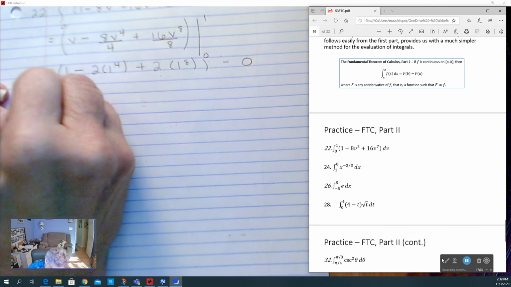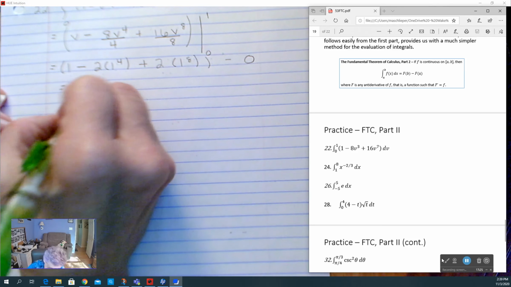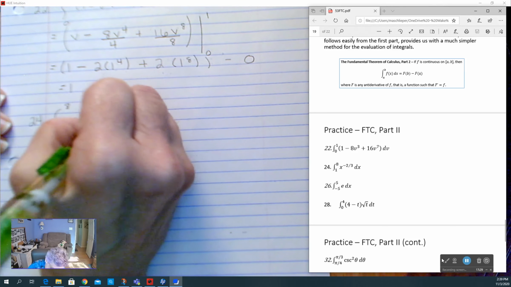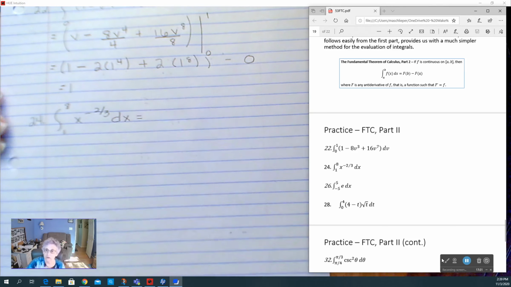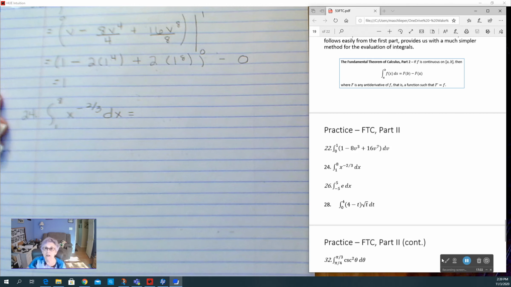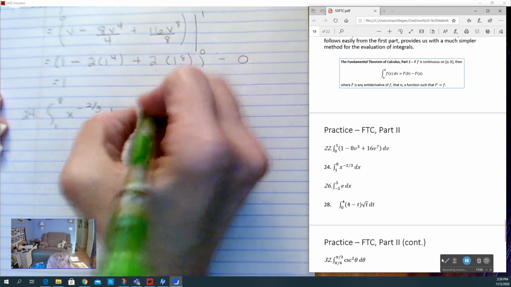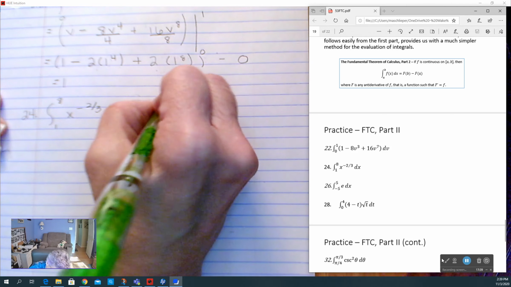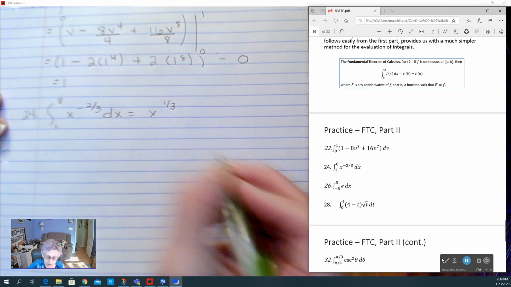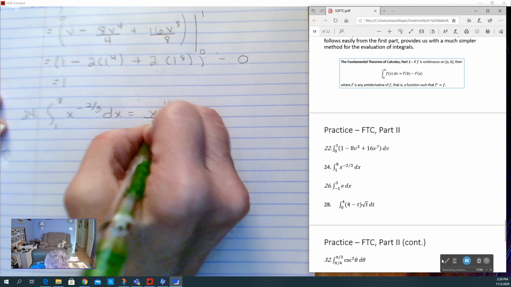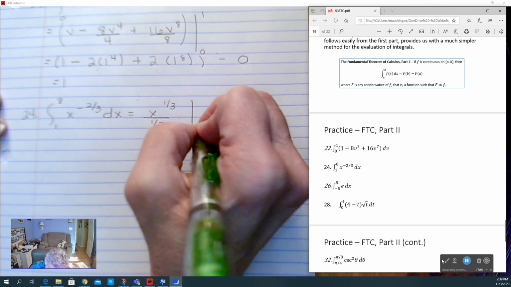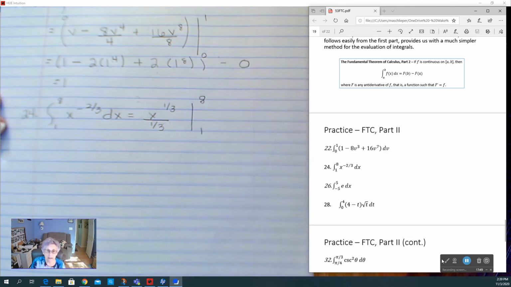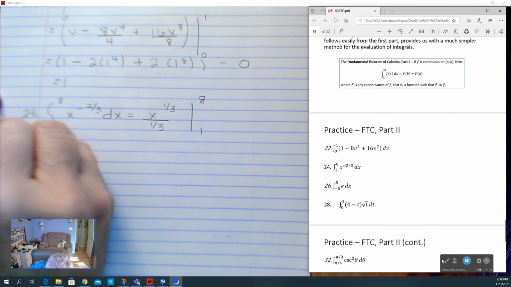The integral from 1 to 8 of x to the minus 2/3. So add 1 to the exponent, divide by the new exponent. Add 1 to negative 2/3, I get positive 1/3, over 1/3, evaluated from 1 to 8.